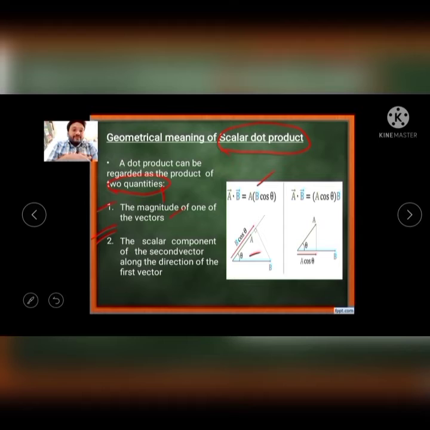Vector A dot vector B is equal to the product of the first vector, which in this example is vector A, into the scalar component of the second vector. The scalar component of the second vector means b cos theta. Here I am calculating the scalar component of the second vector in the direction of the first vector A.